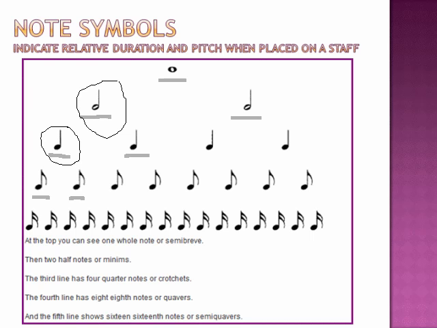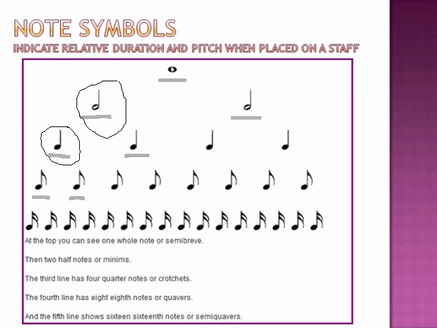So if you're tapping your foot, put your heel down on the floor, and you tap, tap, tap, tap. Each one of those is a quarter note beat. So ta, ta, ta, ta. It is tap, tap, tap, tap, ti, ti, ti, ti, ti, ti, ti, ti. So the eighth note gets a half of a beat.